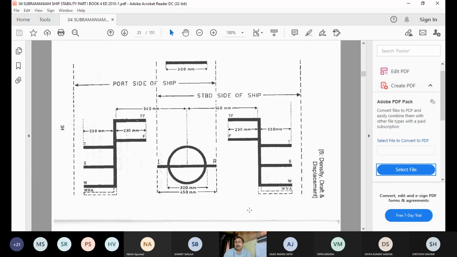The master can be arrested under the Merchant Shipping Act. If I am in Chennai in summer, I cannot go beyond summer in Chennai under any circumstances.